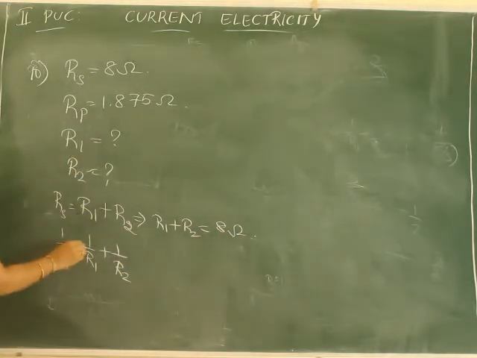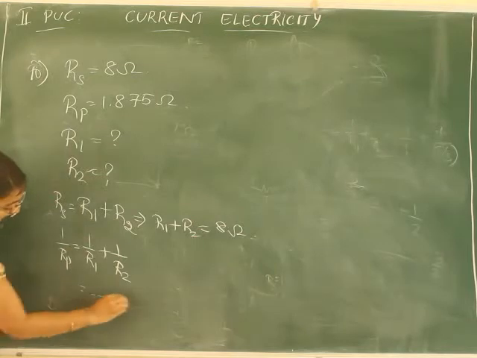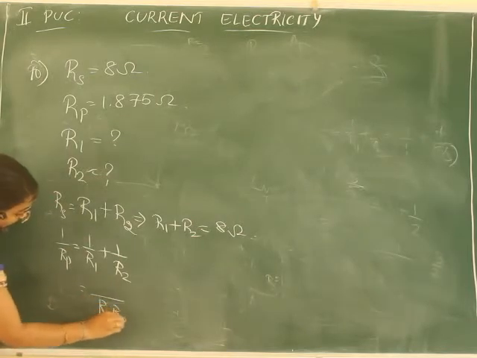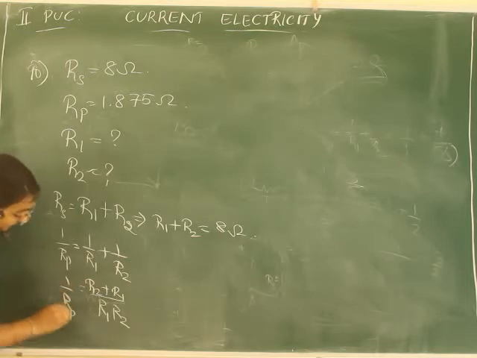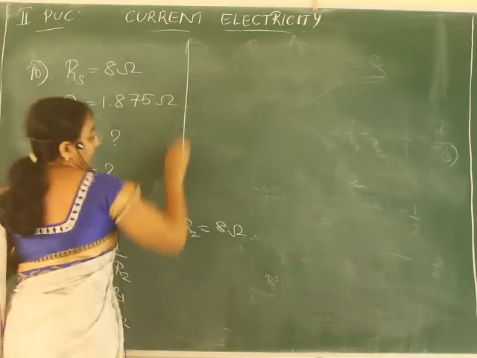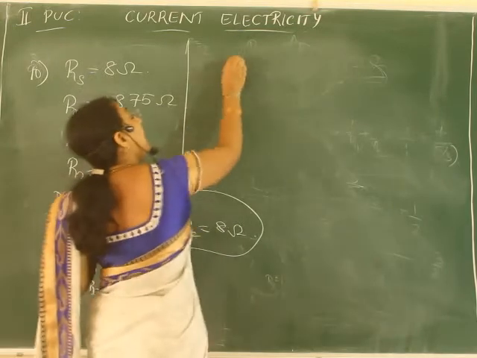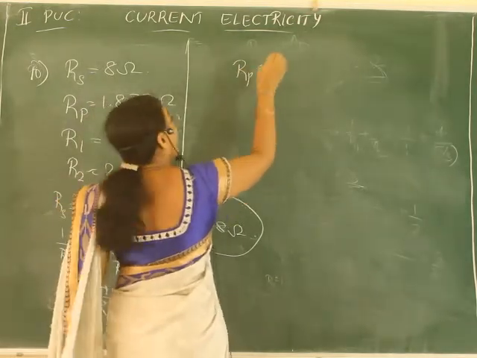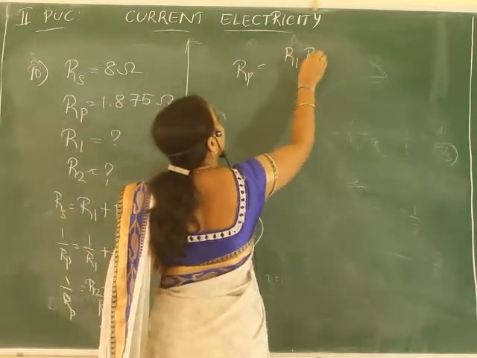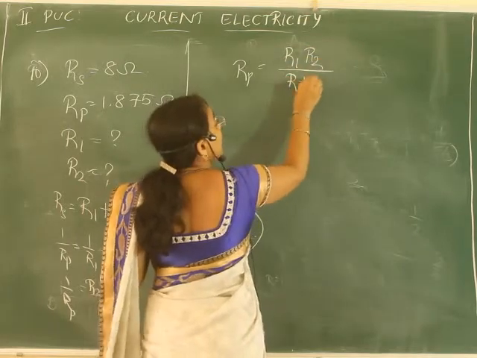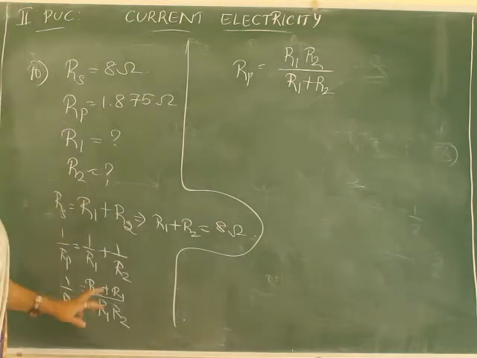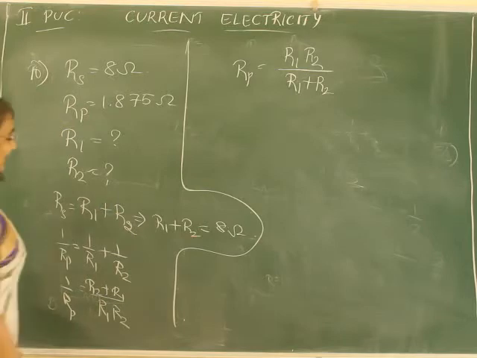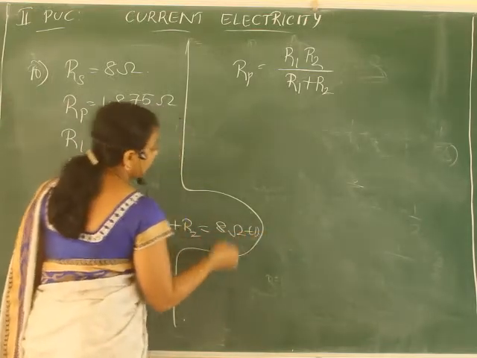This one, can I write it, taking LCM, as (R2 plus R1) by R1R2 is equal to 1/Rp. Next step, can I write it like this? Rp is equal to R1R2 divided by R1 plus R2. This is one of the important problems. Correct? Inverse.